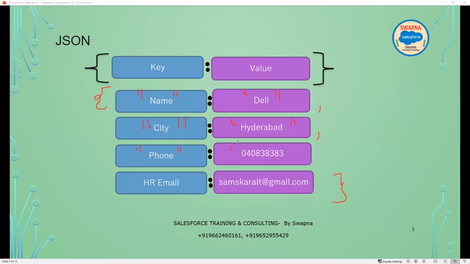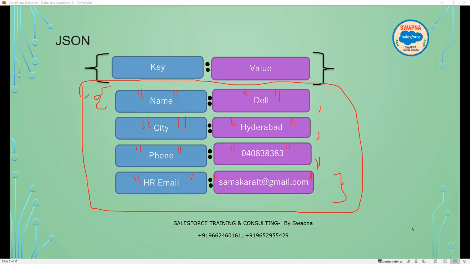Phone number, Salesforce always stores in text format, so that's the reason I'm putting it in double quotes, comma, and then HR email, which is a key, colon, and samskarit@gmail.com is the value. This entire data will be stored in the curly braces.